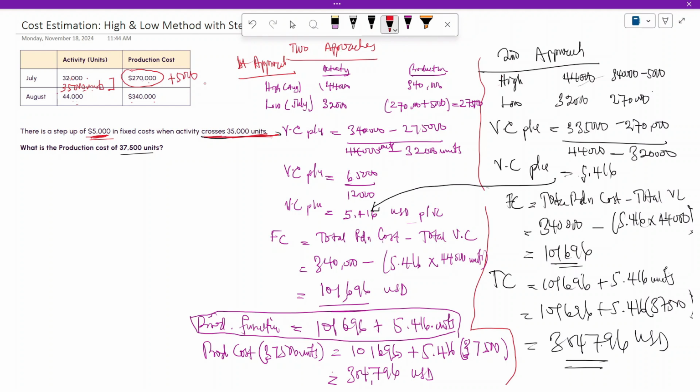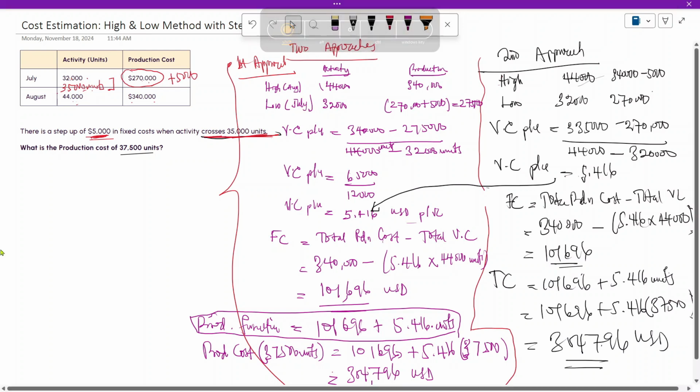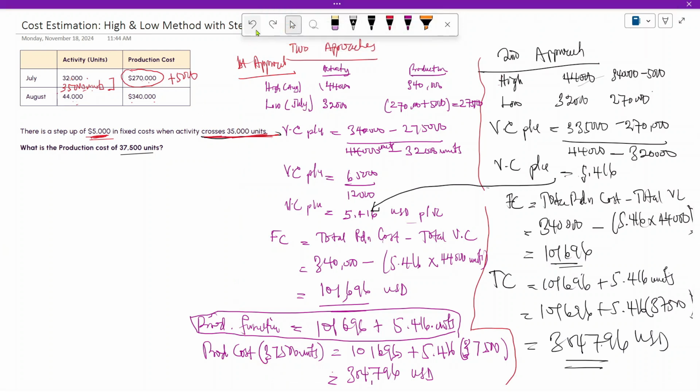That is one way, and that is the approach that we used over here. So that is the first scenario.